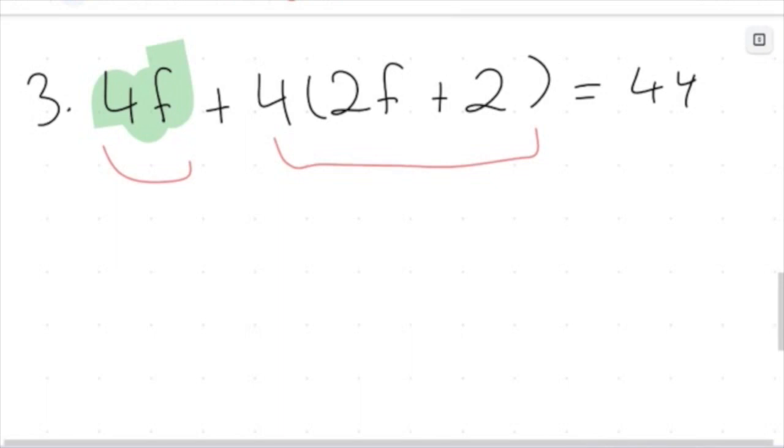So here I can say, well, multiplying by 4 was the very last thing I did. So I'm going to divide both sides by 4.